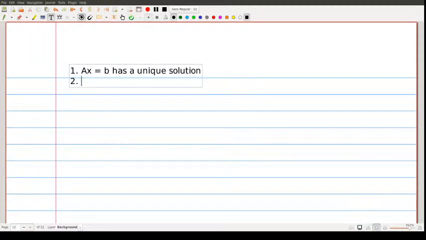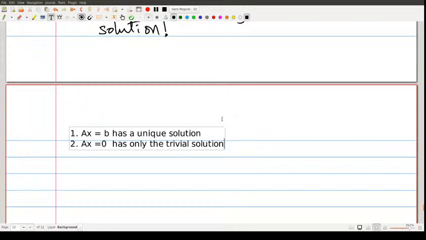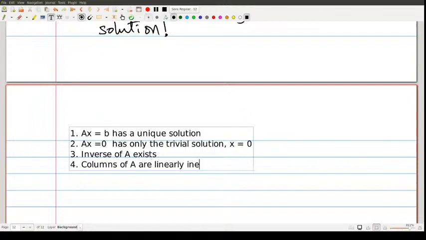Then that is the same as saying that Ax equals 0 has only the trivial solution, which basically means x is equal to 0. And this is true when the inverse of A exists. And this is true when the columns of A are linearly independent. And this is of course true if the columns are linearly independent and the rows of A are linearly independent.